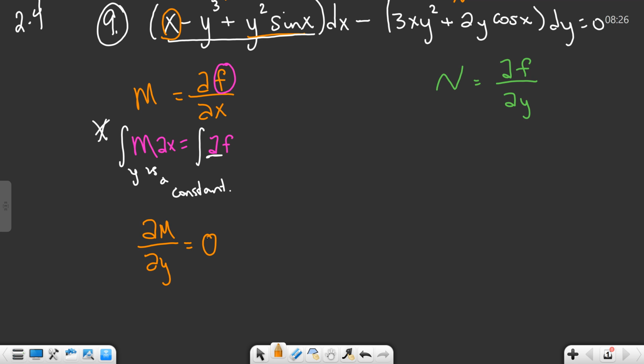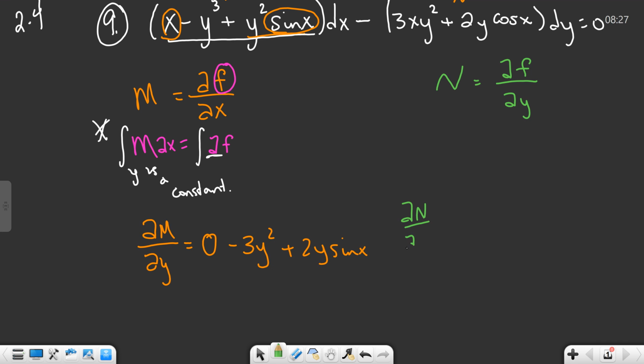If I take the derivative of y cubed, I get 3y squared. Now remember, we're pretending that x is a constant, so this whole thing right here is a constant. And what's the derivative of y squared? Well, that's 2y.